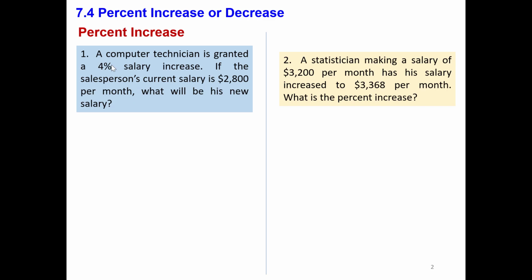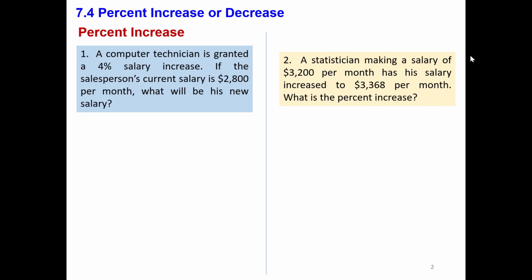We can use the method we know: find a question with the words "what is" and "of", and then write the equation using that question. In this case, what we want to know is what number is 4% of 2,800. If we know the increase, we can finally calculate the new salary.